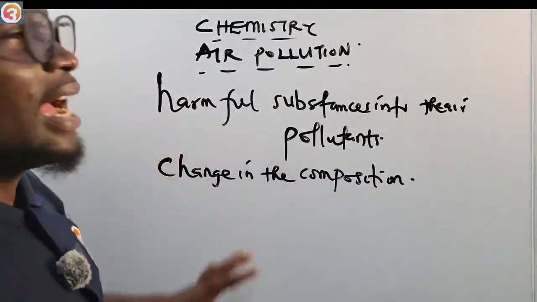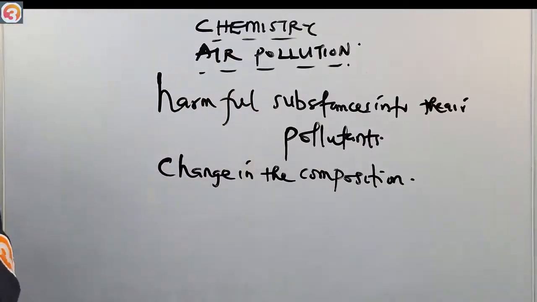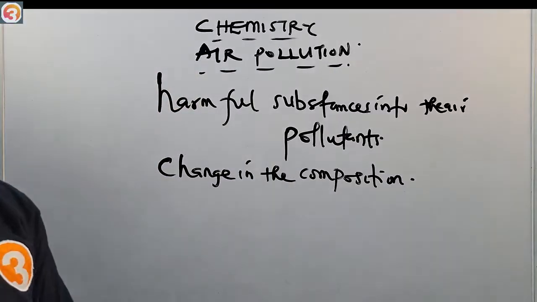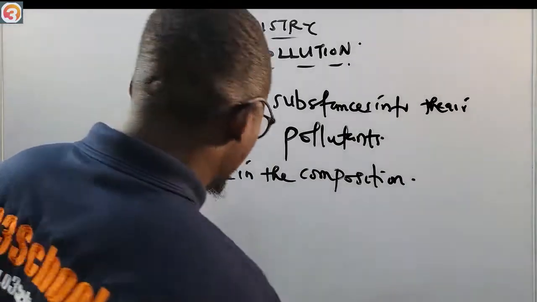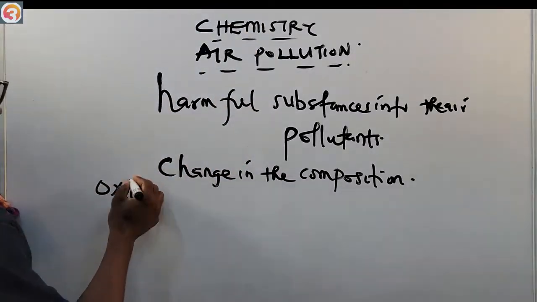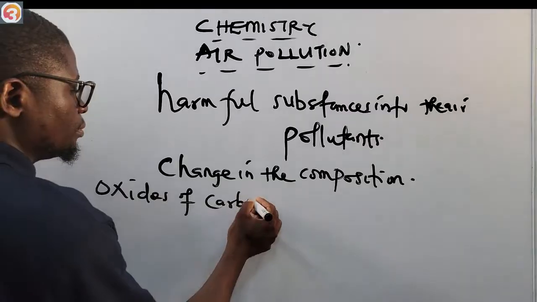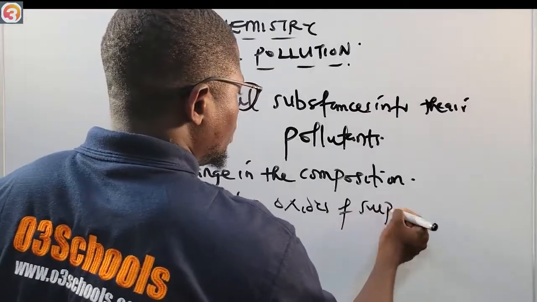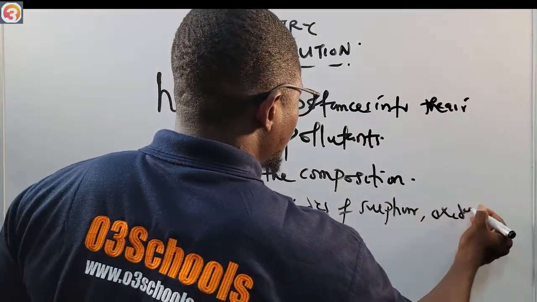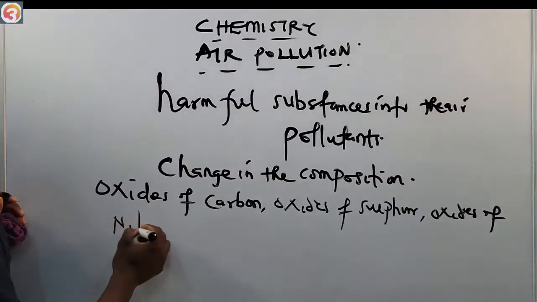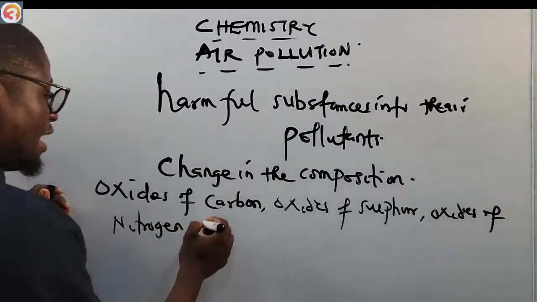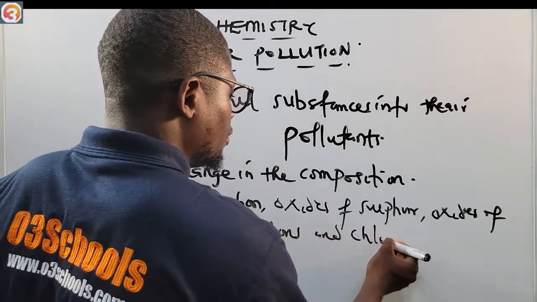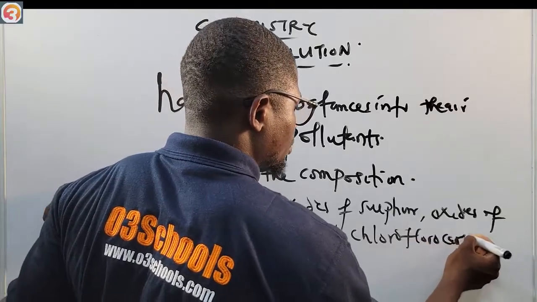All right, so the introduction of harmful substances into the air is called air pollution, and those harmful substances are called pollutants. Now, the major pollutants we have, of course, are oxides of carbon, oxides of sulfur, oxides of nitrogen, and what's more, we have hydrocarbons, and chlorofluorocarbons.